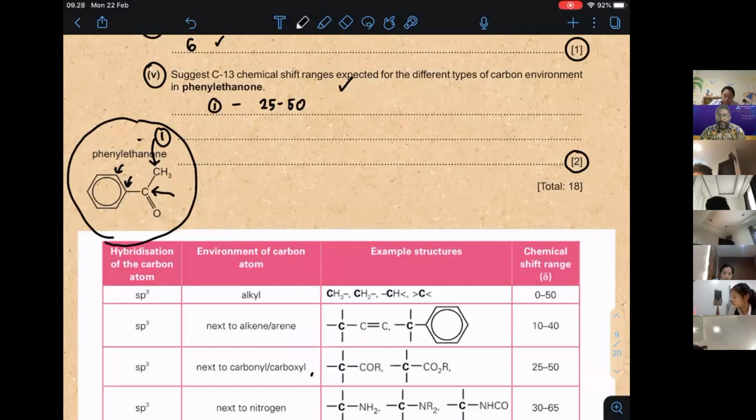So when you look over here, we can see the first one is the 25 to 50. That is going to explain the carbon that is attached next to the carbonyl group, next to the carbonyl group.